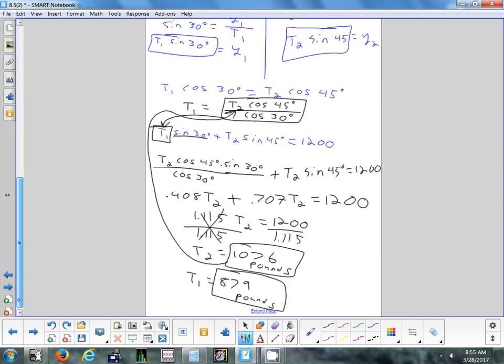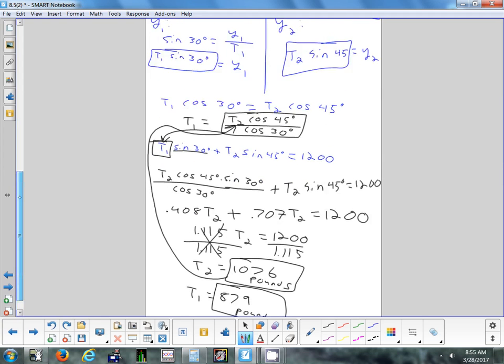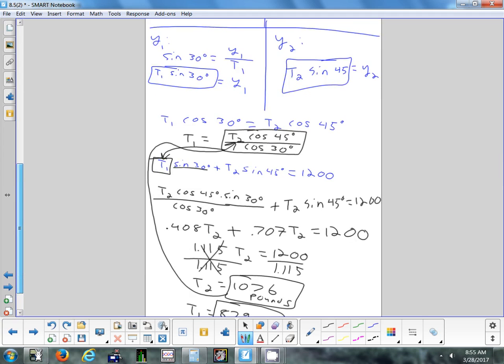And if you're going to do a lot of these problems, you could probably figure out a shortcut. Like, you've got a formula right here to figure out the tension in cable 1 all the time. It's the tension in cable 2 times the cosine of the angle on the right divided by the cosine of the angle on the left. So you could probably come up with a shortcut without having to set these up every time.